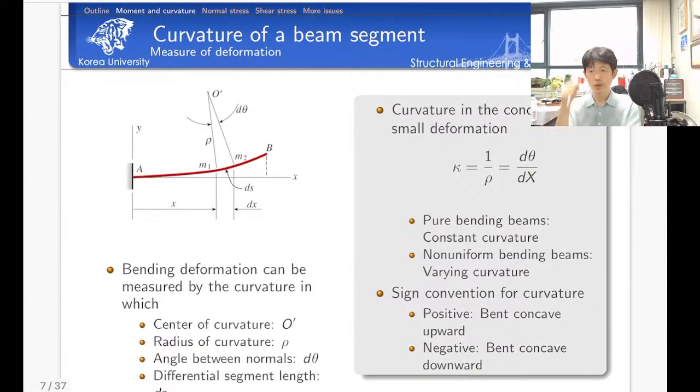In these lines, we are talking about that stuff. So I want to imagine the M1 and M2 here. If the cross section is deformed, then we may have the so-called center of curvature. Center of curvature is 곡률 중심.